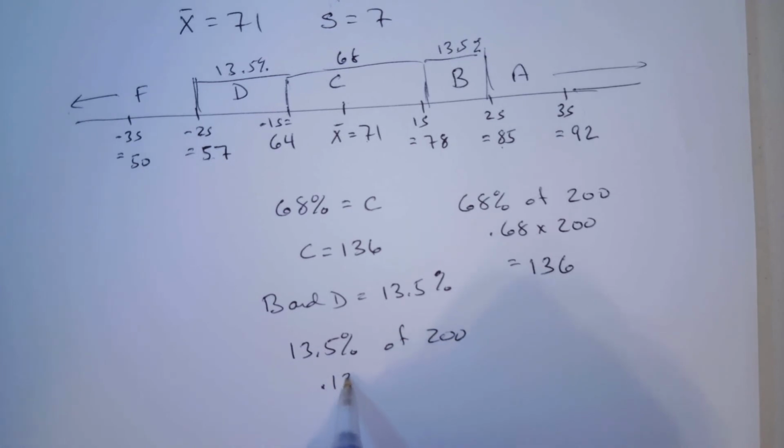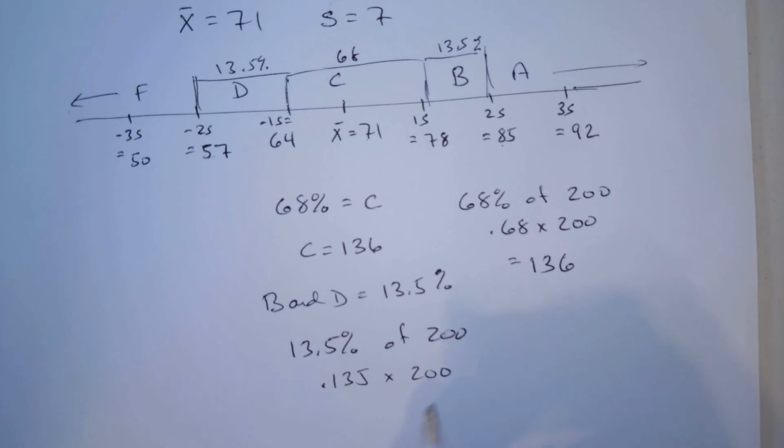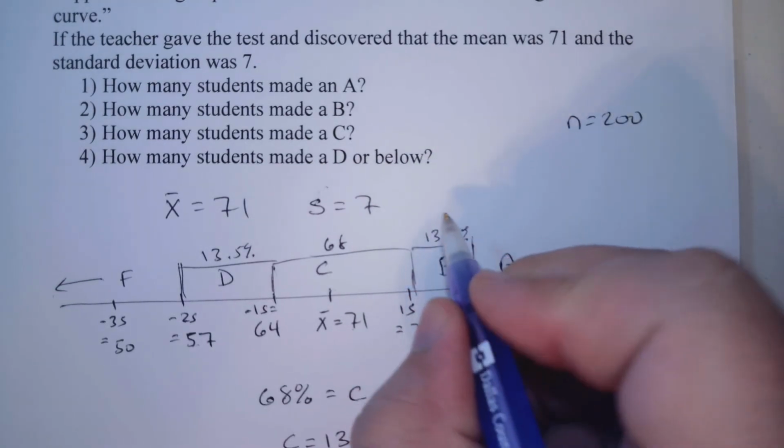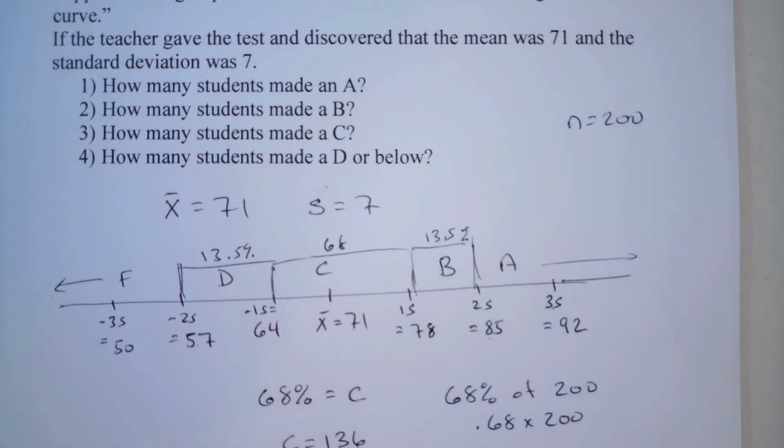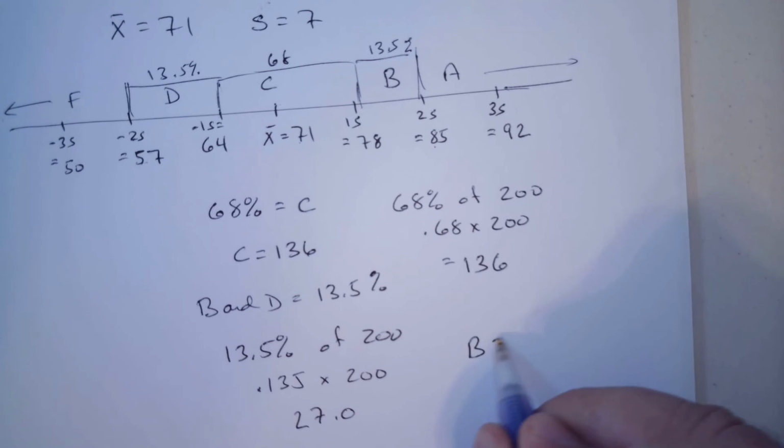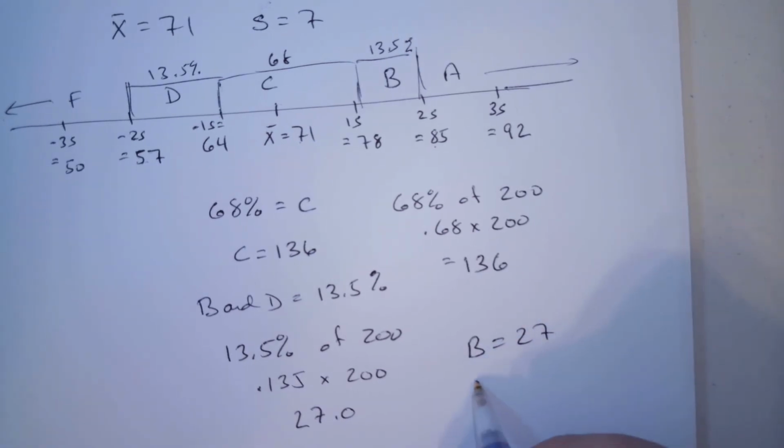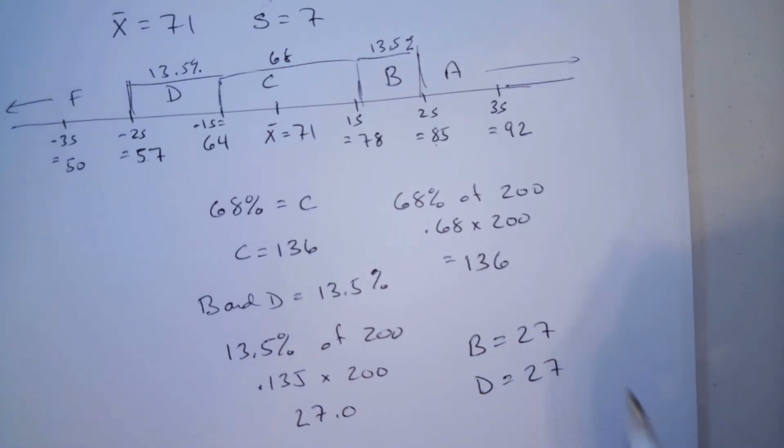That's 0.135 times 200. That's 27. So 27 will get a B, and then also a D is going to be 27.